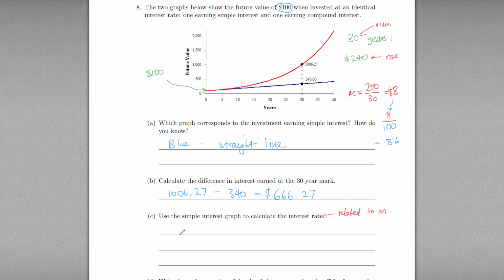Okay, so I might just write that here so it's clear for those just looking at the solution. So gradient told us that we are earning $8 per year. Then there was a next step in taking this $8 as a fraction of 100, where the 100 is the initial investment.